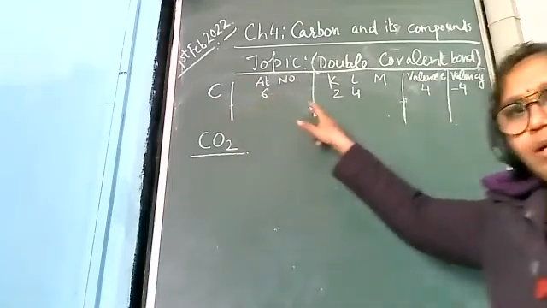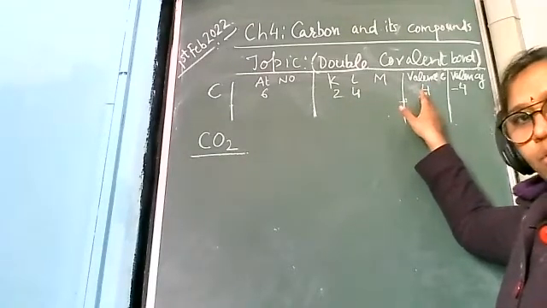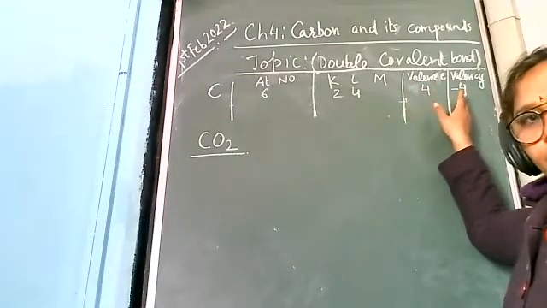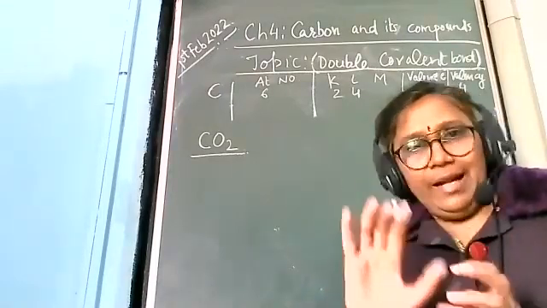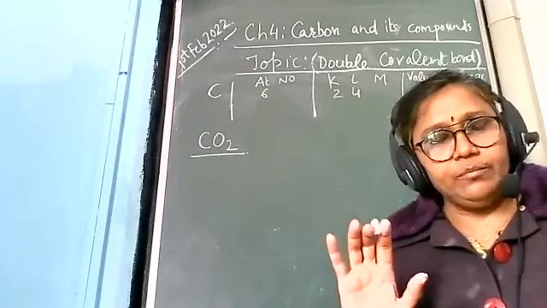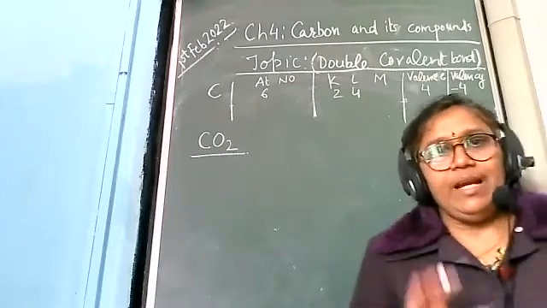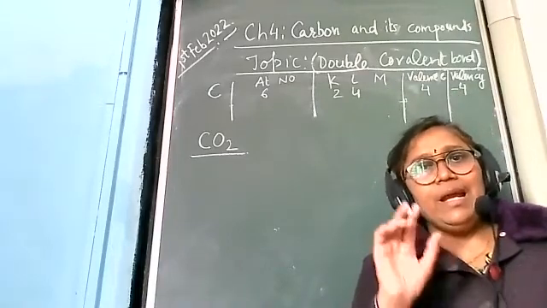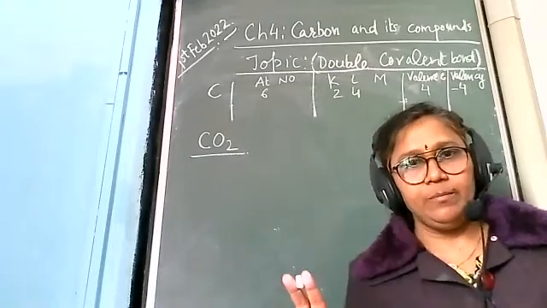Six, configuration 2, 4, and valence electrons are 4. It needs 4 more electrons to accommodate 8 electrons in its outermost shell so as to gain stability. As per the octet rule, every atom tries to accommodate 8 electrons in its outermost shell to gain stability, right?